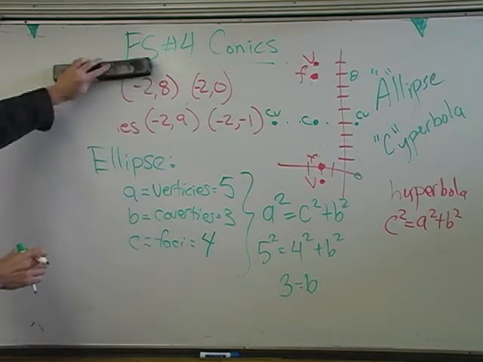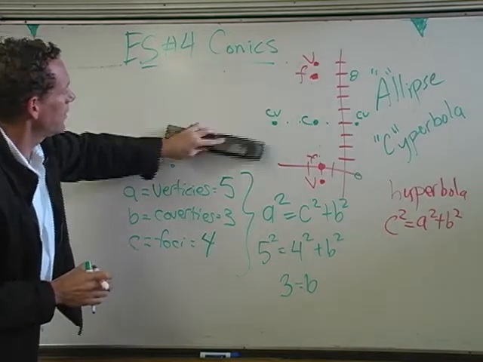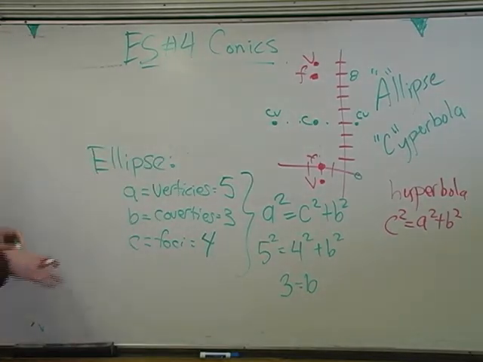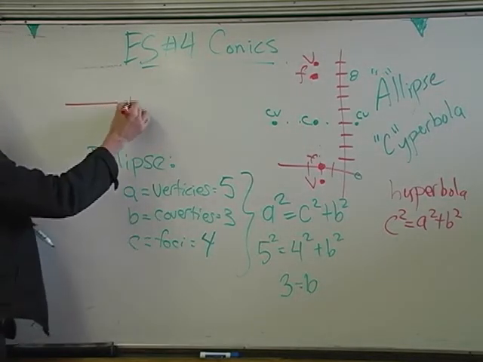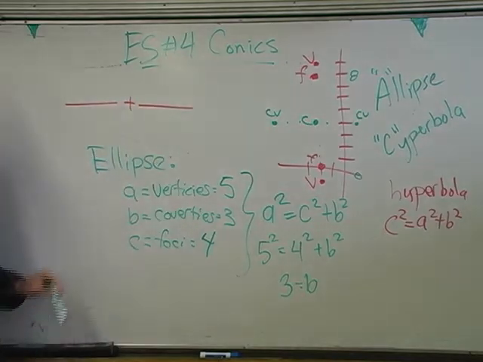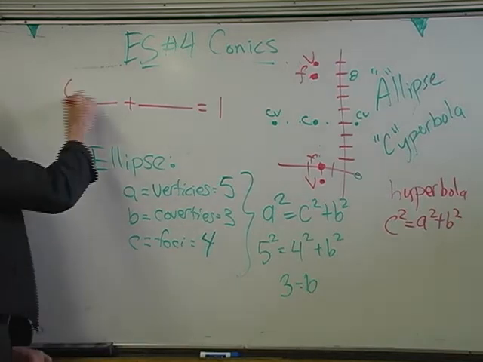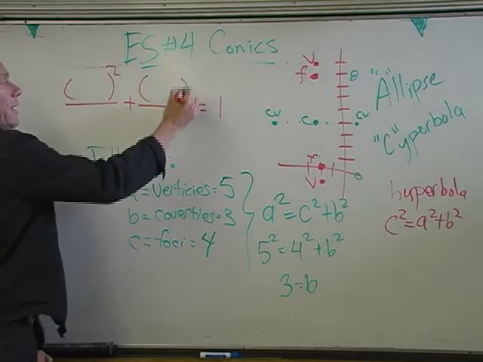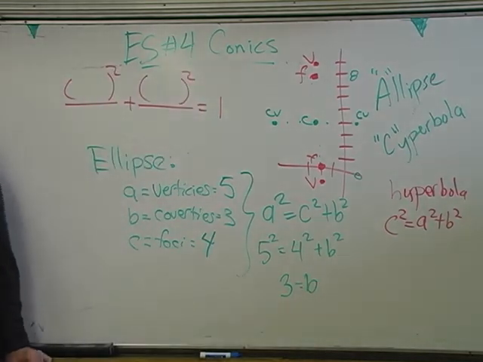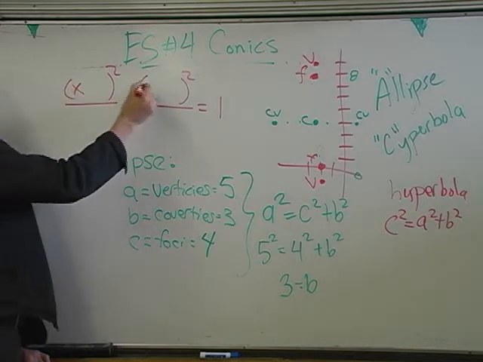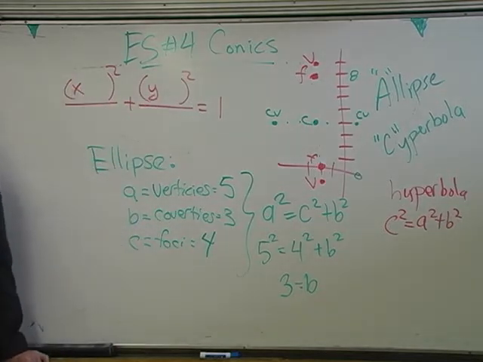General form, so for the ellipse, we're going to have plus, we're going to have equals 1, we're going to have something squared, and we're going to have something squared. We also know we're going to have an x and we're going to have a y. The rest is up to us. What goes where and why?